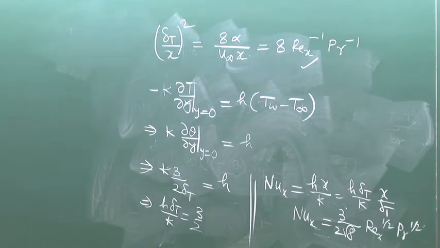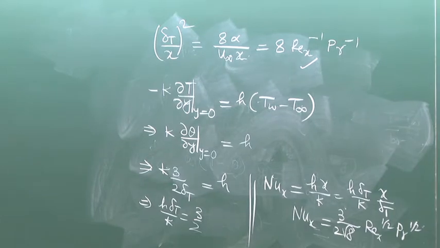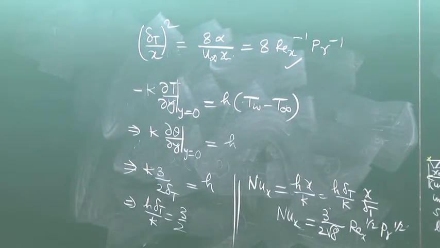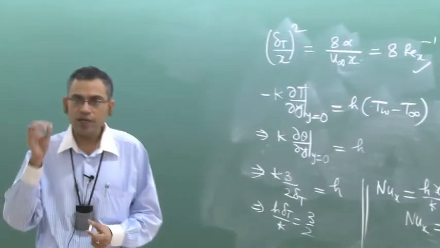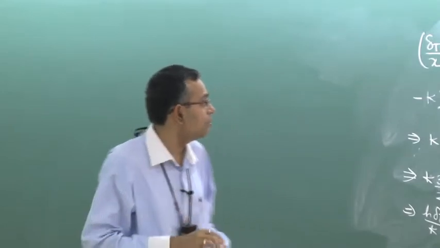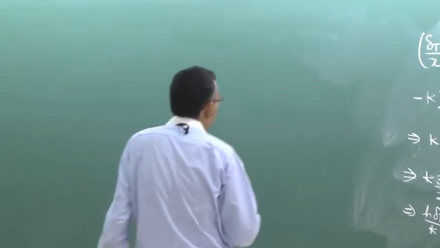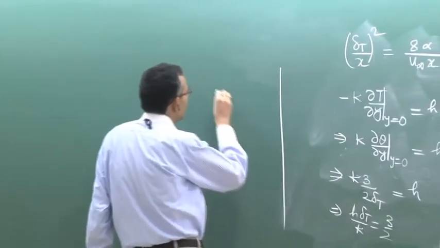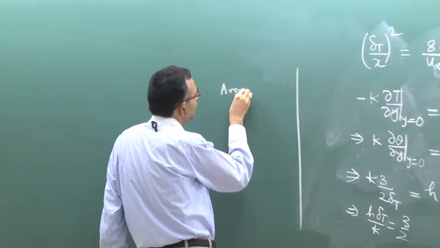So actually the integration has smoothened out many sources of error, and that makes the result more or less acceptable. Now I will discuss one very important point before moving on to the other case, Prandtl number much greater than 1. That important point is how to get the average Nusselt number.